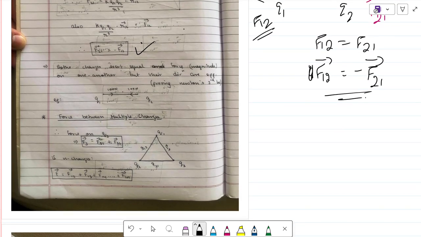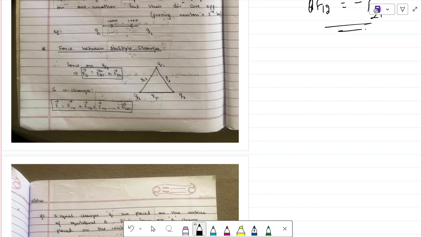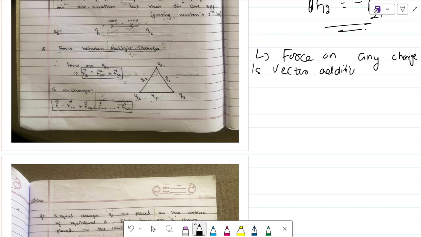So now, force between multiple charges. If in a system there are more than two charges, then the force on any charge is the vector addition of all the forces acting on it.